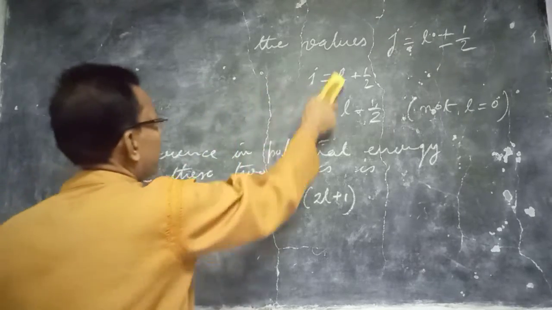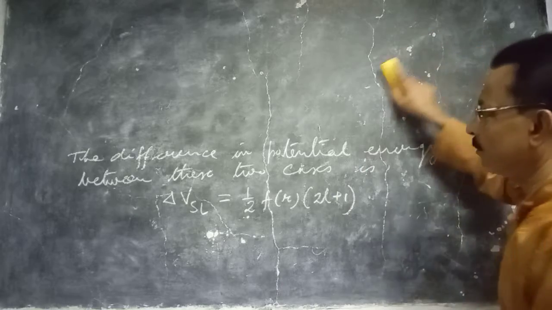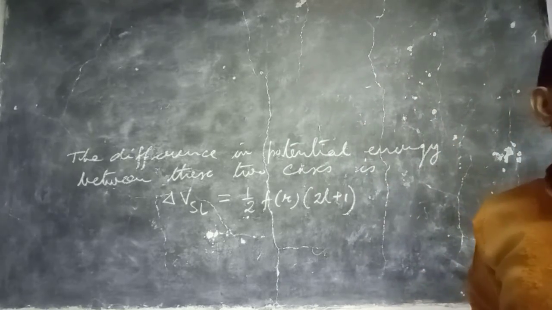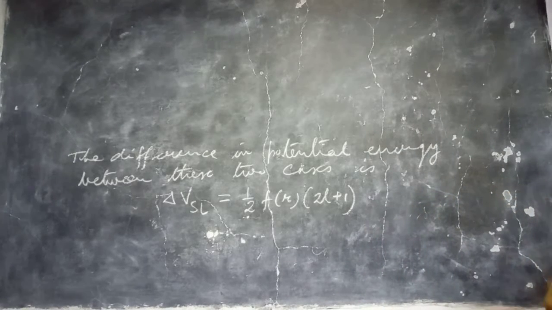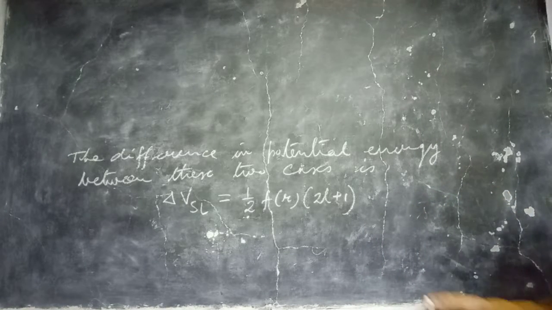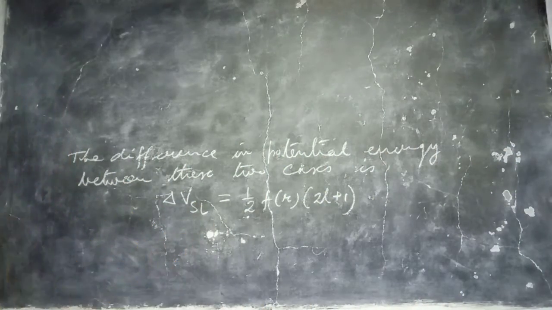The effect of this spin orbit potential is analogous to the fine structure splitting in atomic physics. In atomic physics, when magnetic coupling is there, the degeneracy is removed and the levels are split. So here also it has the same analogous effect: when the spin orbit interaction is included, the degeneracy is removed and the levels are split.